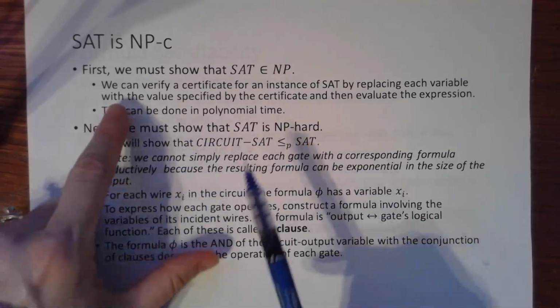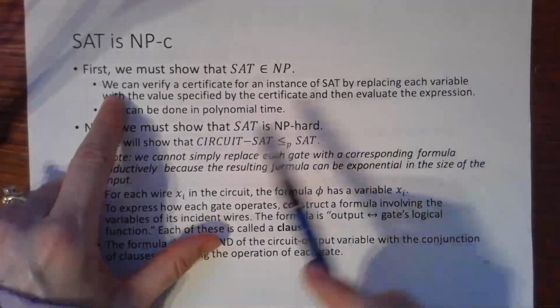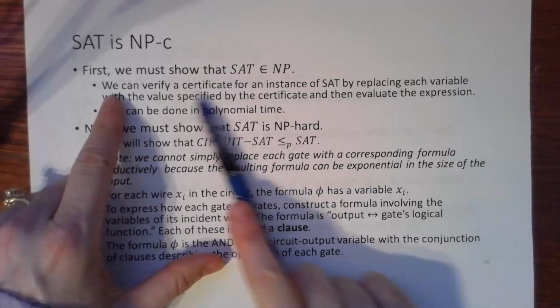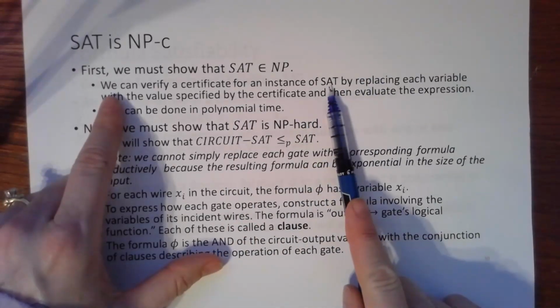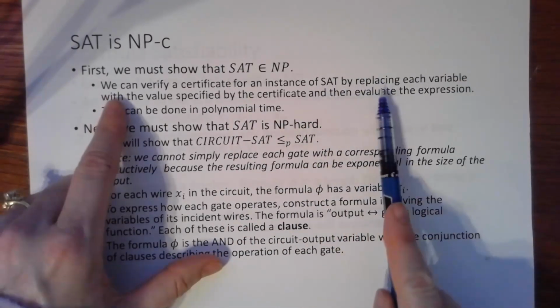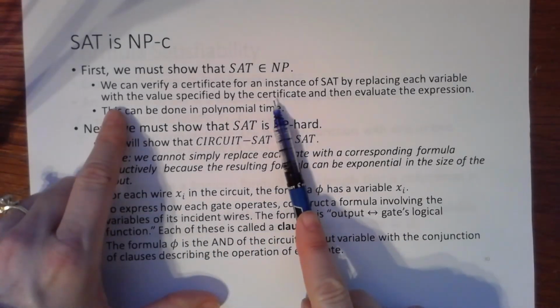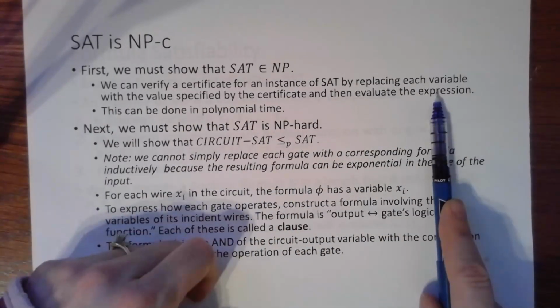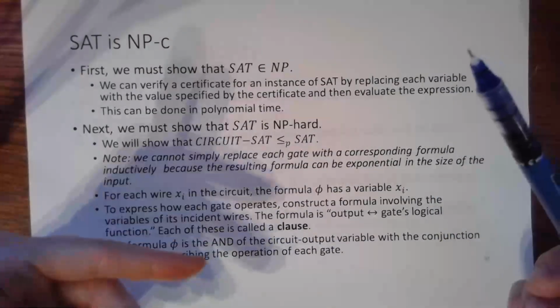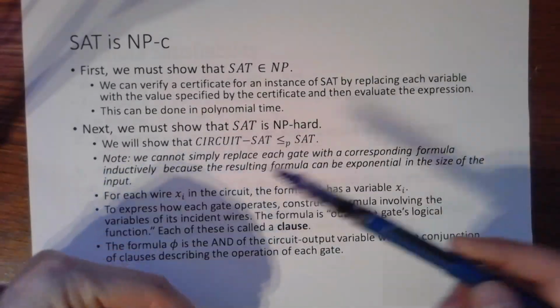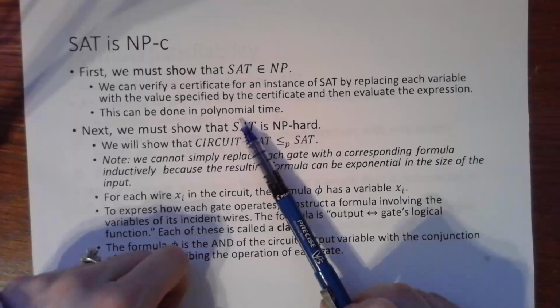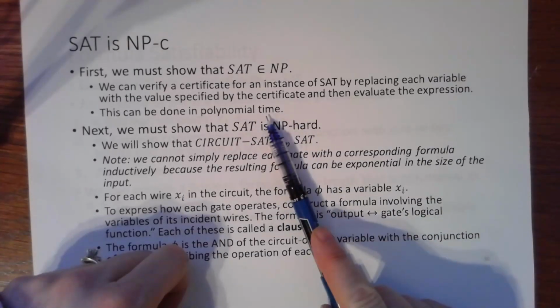Well, if we were given a solution to the formula, we could just take our formula and replace every variable with the value specified in the certificate and then just evaluate it. That substitution and evaluation is all going to be done easily in polynomial time.